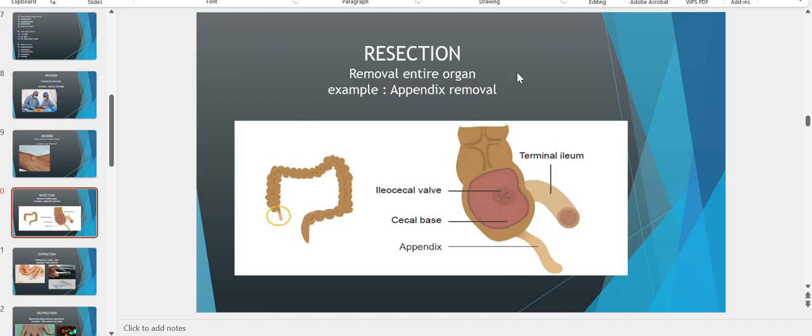That is a resection, removal of the entire organ. Another example: if a patient has a problem in the kidney and the entire kidney has been removed, that is resection. Removal of the entire organ is a resection.